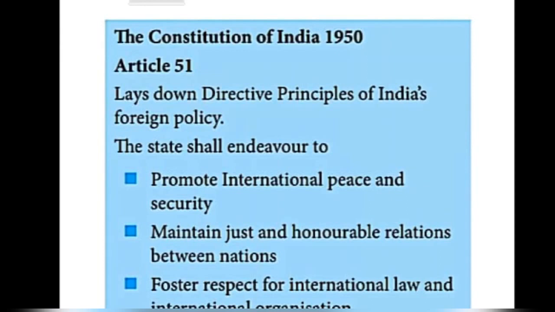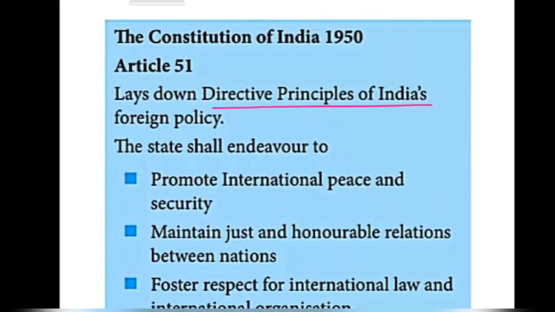What are the things given in the Constitution? It lays down the directive principles. What is meant by directive principles? In the Constitution, under the heading of directive principles, the Constitution is giving the way how to rule over the people, how to rule over the country. Everything is given in the directive principles.